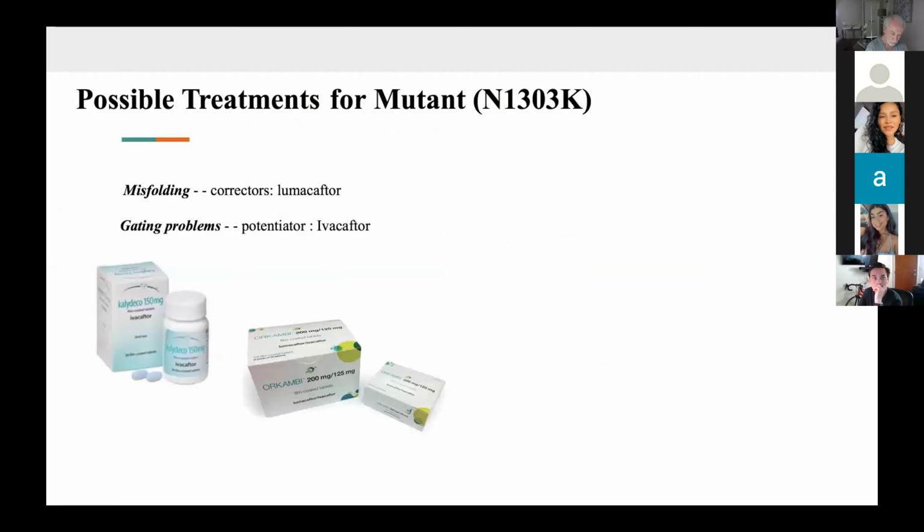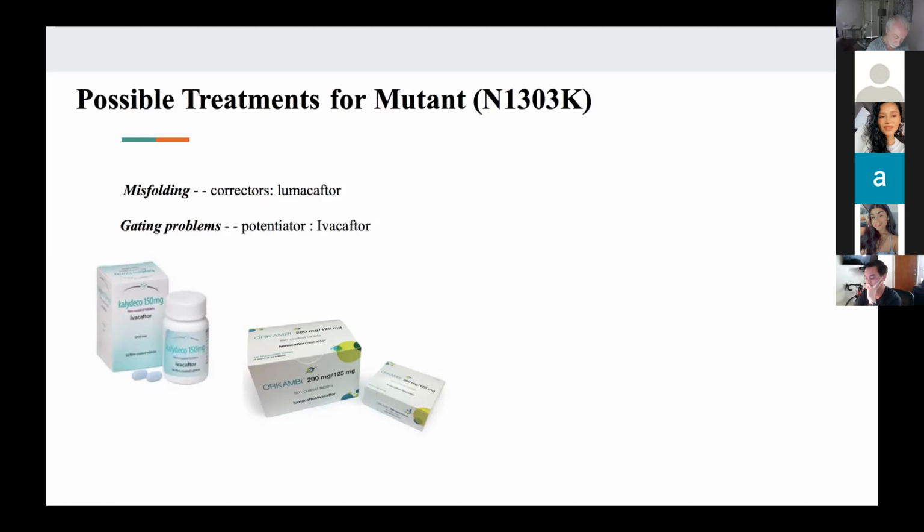Possible treatments for mutant N1303K. Due to the N1303K mutant creating misfolds, a common treatment is correctors like lumacaftor, which is the drug that helps the defective CFTR protein fold properly so that it can move to the cell surface. I've incorporated an image on the bottom left.